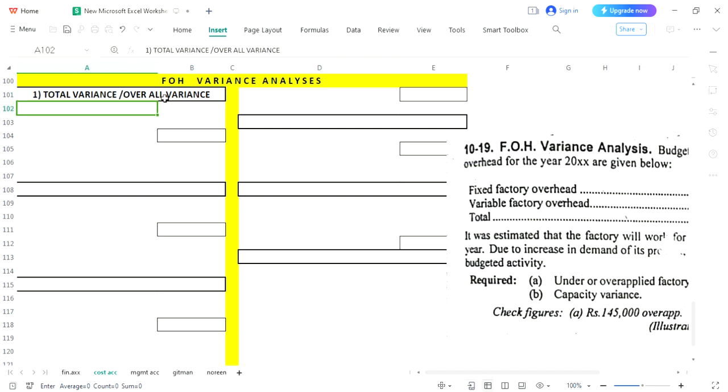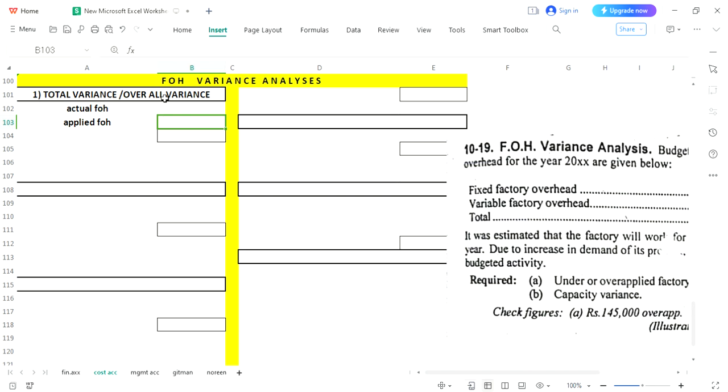For that you need to have actual FH at the first step, and then you will make a relationship of this actual FH with applied FH. The answer of actual FH would be written over here, then you will write the applied FH answer. The difference would be written here and that would be your variance.